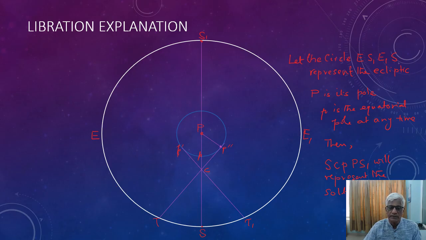Let the great circle passing through the two poles P and small p and cutting the ecliptic at two points S1 and S, this line represents the solstitial colure.